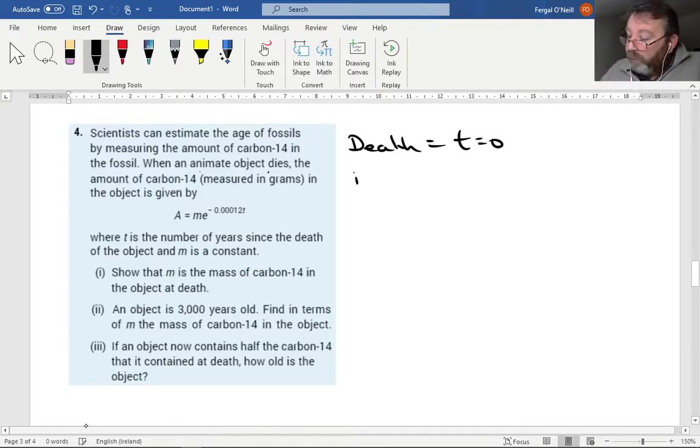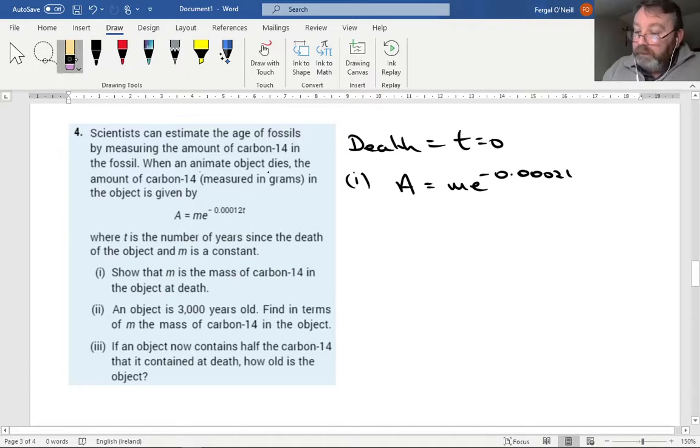So in part 1, we're going to take the formula. A equals M e to the minus 0.00012 t. And what are we told to use? At t equals 0, because we're being asked at death.